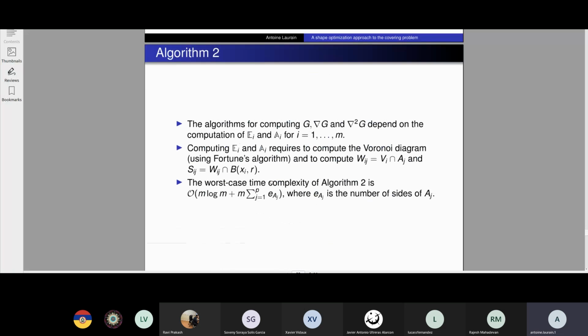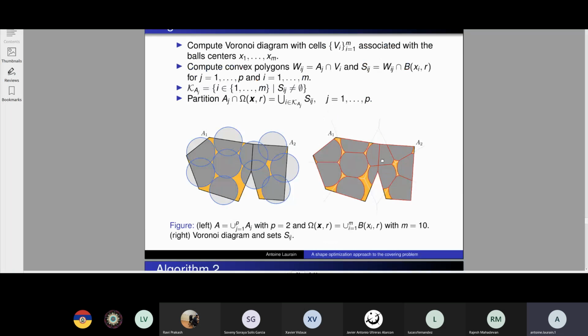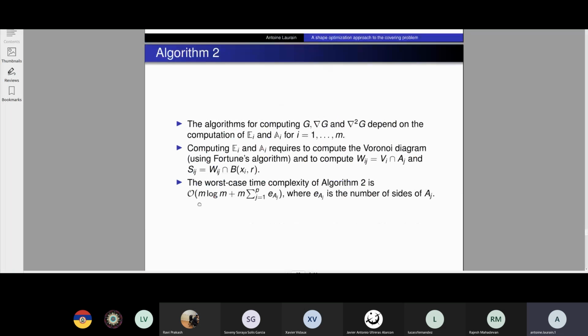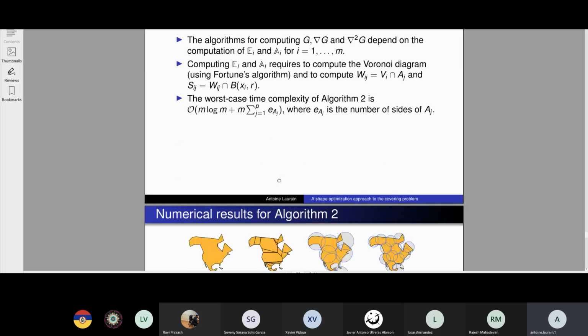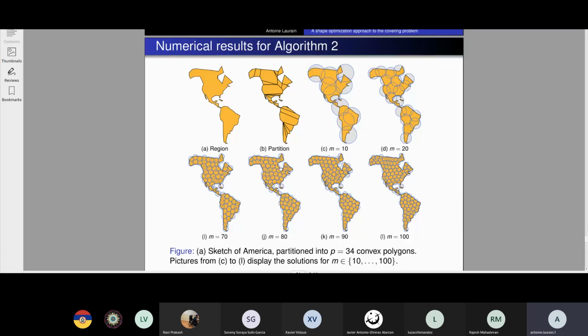Also here you can compute the complexity of this algorithm. It depends on the number of sides of these polygons, so it's of the order m log m, where you have a quantity m times a constant, which is the number of sides of A_j. So let me just finish with some examples.